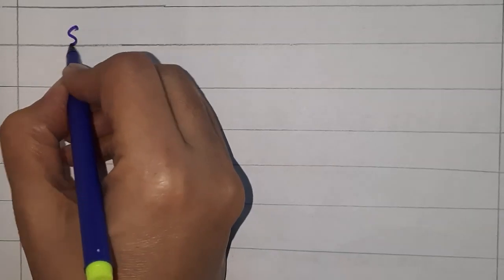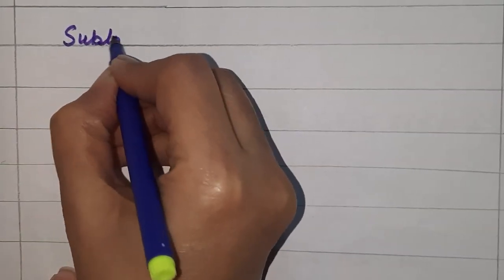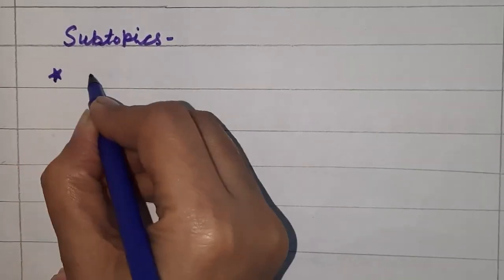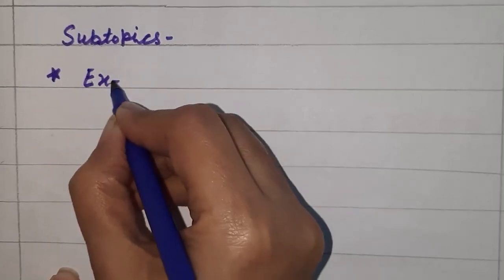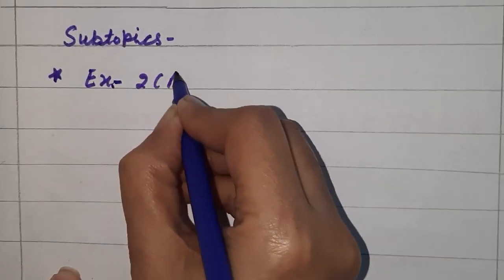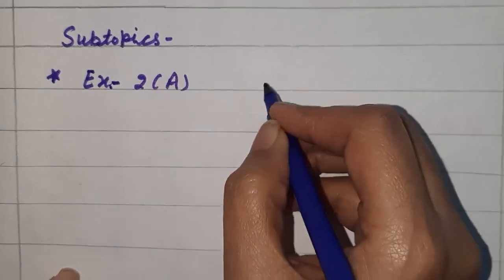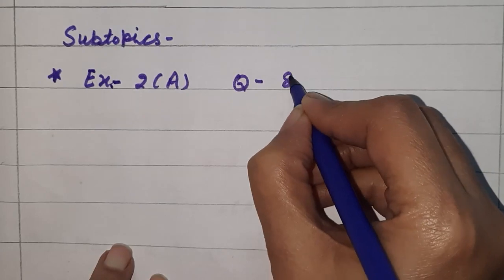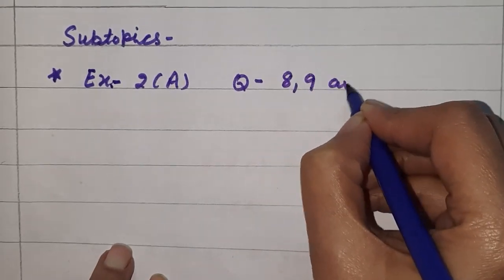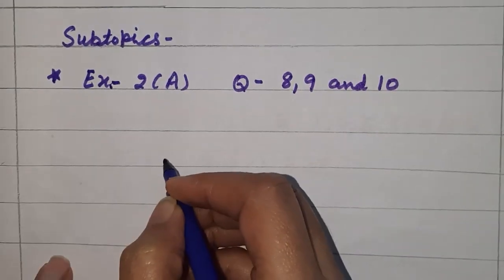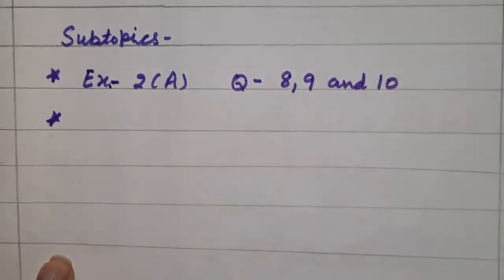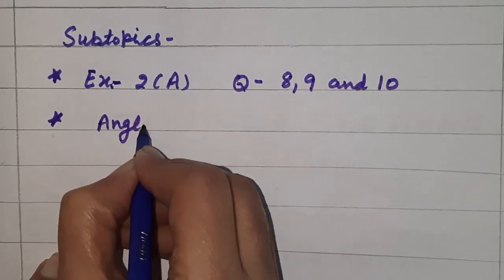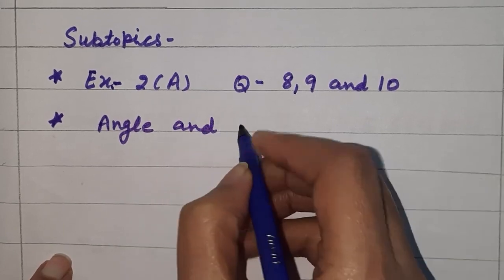And today's subtopics are: first of all we will do exercise 2A, question number 8, 9 and 10. Along with this, we will study about angle and its types.